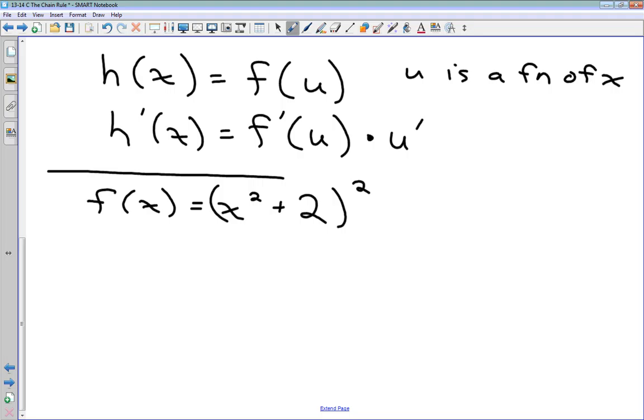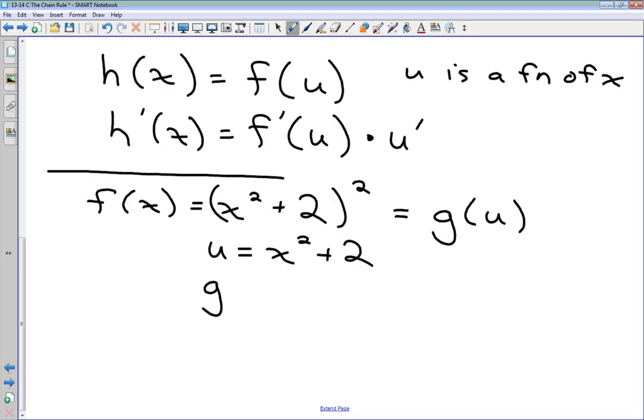We had our outer function, which was the something squared, and we had the inner function, which was the x squared plus 2. So let's set u equal to x squared plus 2. That's our inner function. And our outer function, I guess we'll have to call it g this time. So we'll say that this is actually g at u, and g at u is something squared. So we'll call it u squared.